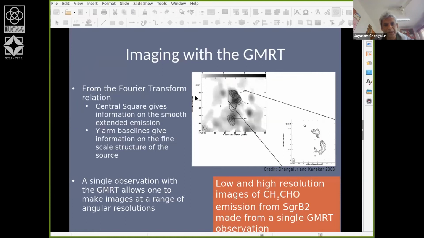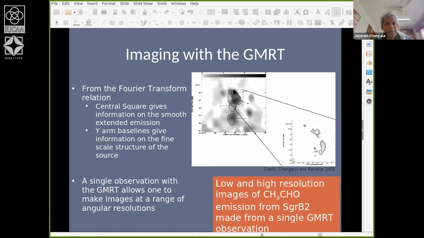So I'm showing you, Nessim had mentioned observations of acetaldehyde, right, where he was talking about how do you calibrate these observations. These are those observations of acetaldehyde. And what I have shown on this image at the top left is the image that I would get if I were to only work with the central square antennas. And then I see that I have quite a large source, and I can see some structure in the source.